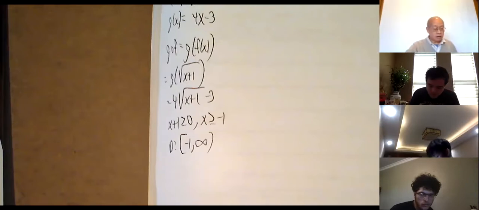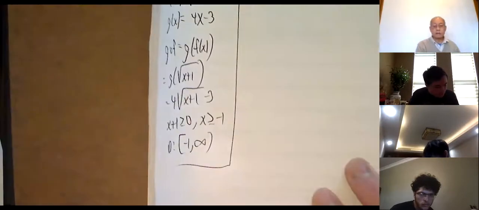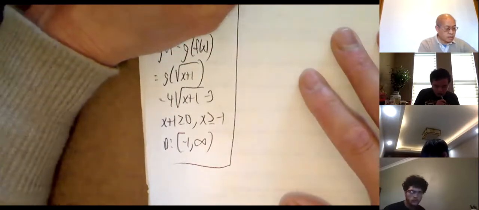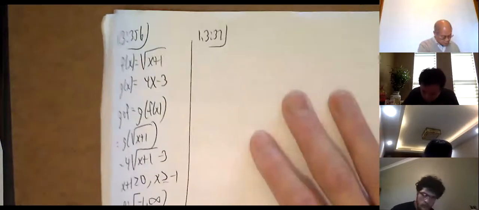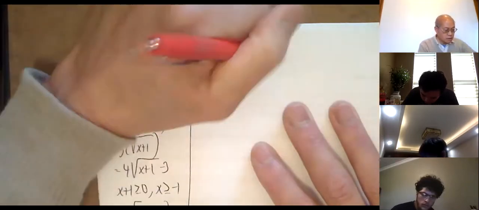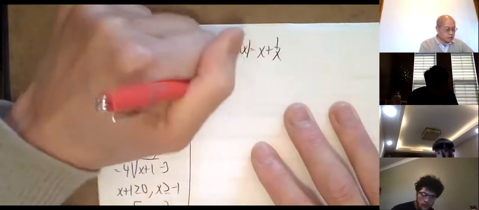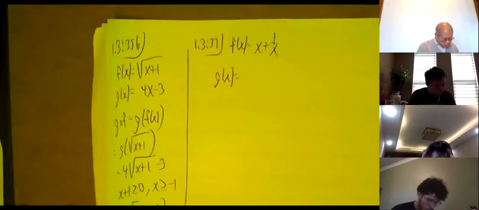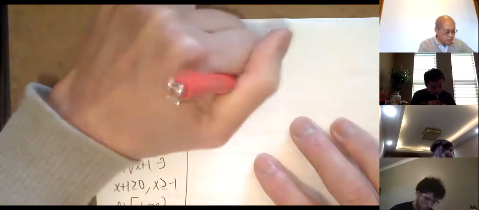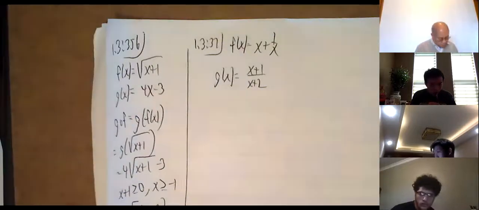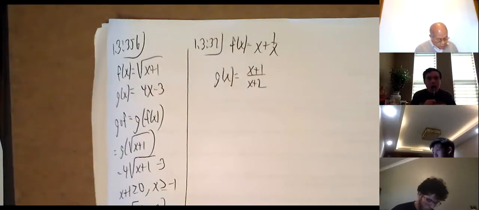1.337, how to find a domain. Okay. I know that was a little bit more complicated. In the interest of time, I might have to just do one of them. So f of x is x plus 1 over x. G of x was this crazy looking thing: x plus 1 over x plus 2. All right, so I'll do one that has both of them, g and f.